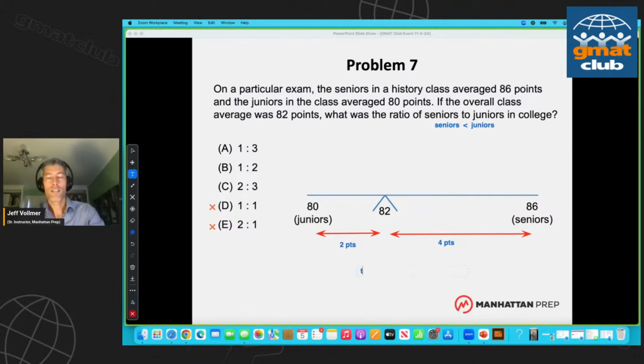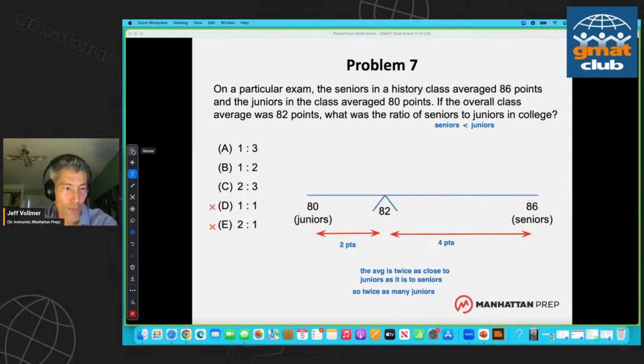Say, the average is twice as close, or half as far, however you want to say it, twice as close to the juniors as it is to the seniors. So there should be twice as many juniors. And that means the seniors to juniors ratio should be 1 to 2.